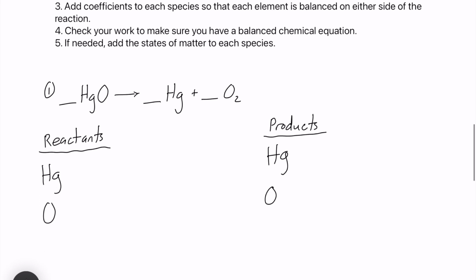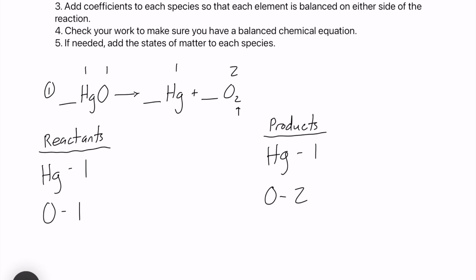So right now, looking at our reactants, we are going to have just one mercury atom in mercury oxide. And we'll also have one oxygen atom, and that's it on our reactant side. On our product side, though, again, we have one mercury atom, but here, because of this O2, because oxygen is alone, we actually have 2 oxygen atoms.